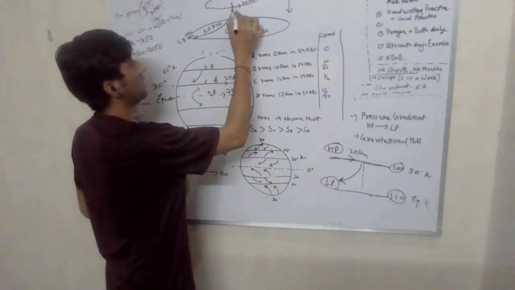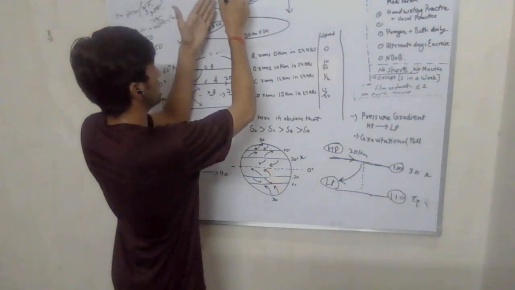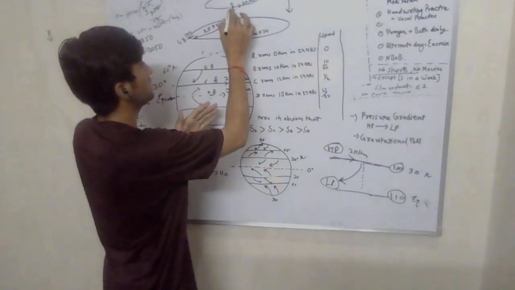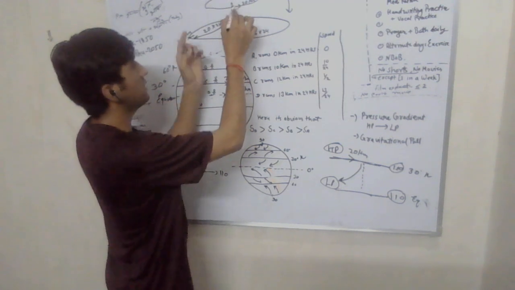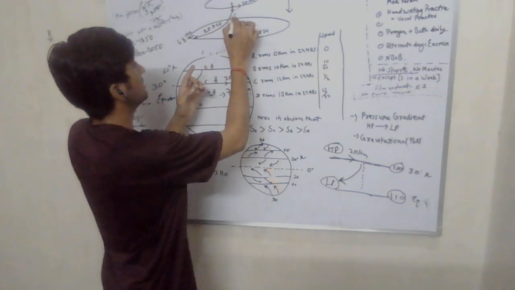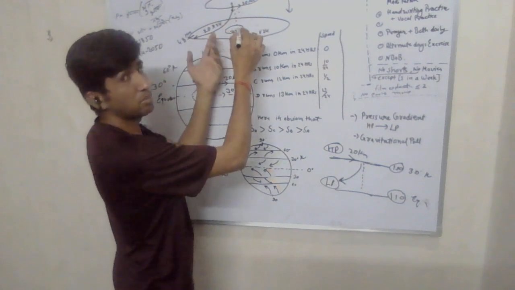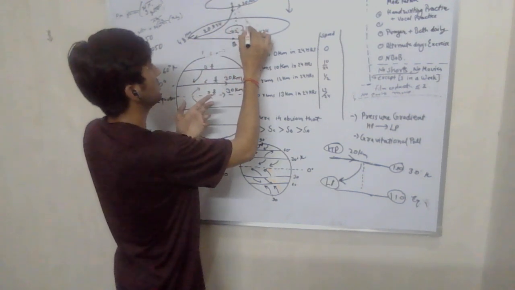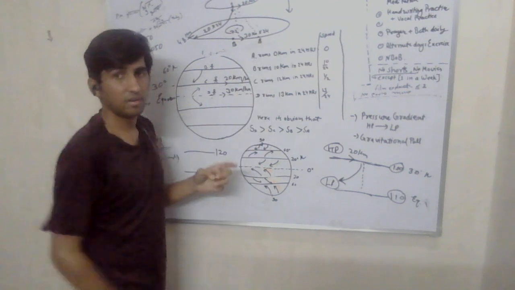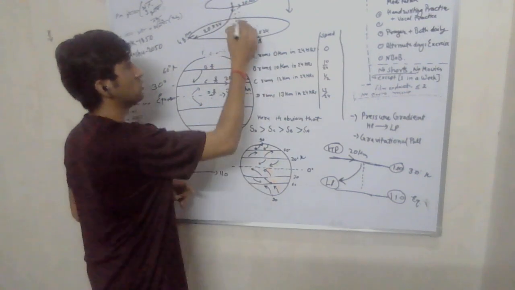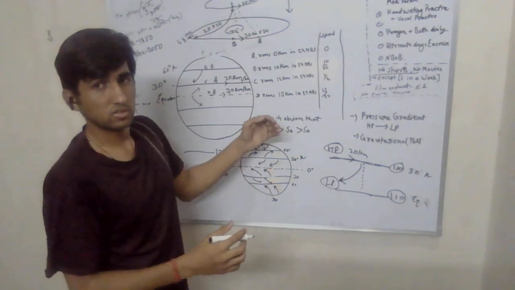So after 1 second, this particle will be here, this particle will be a bit more towards here, and this particle will be ahead of the upper particle, and so on. If we look at this, particle B would be here, right, and so on if we continue this process.